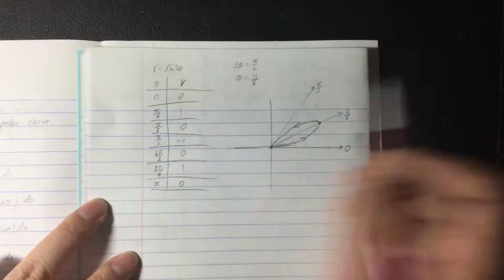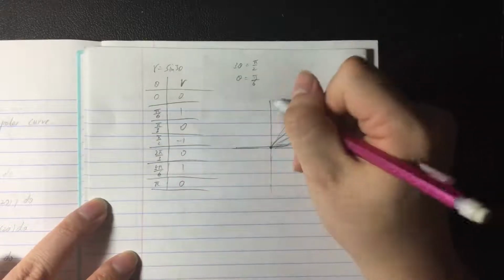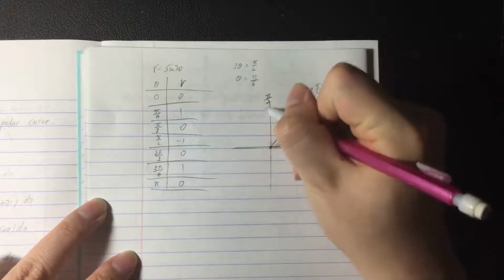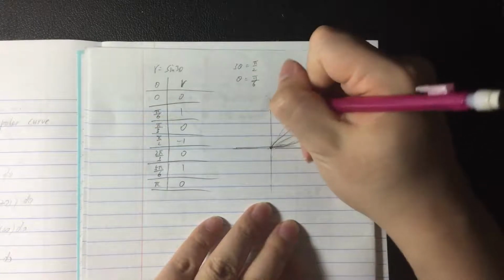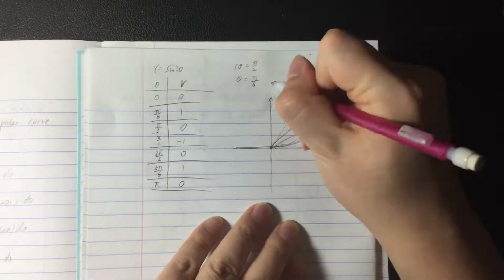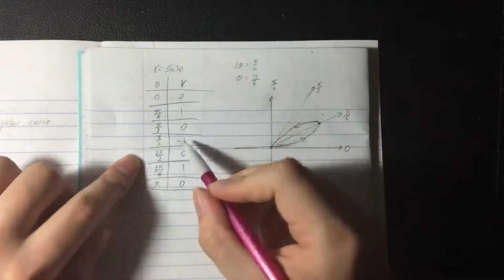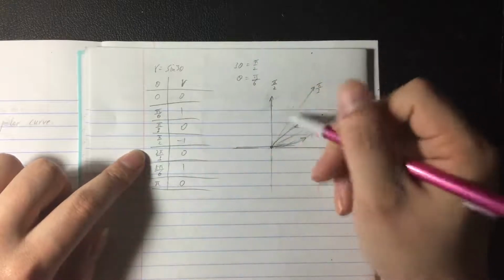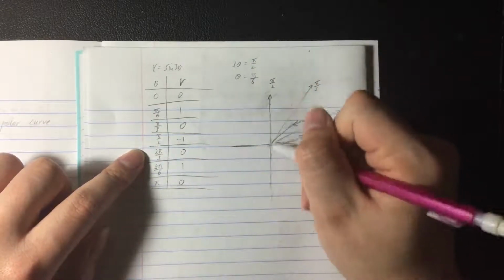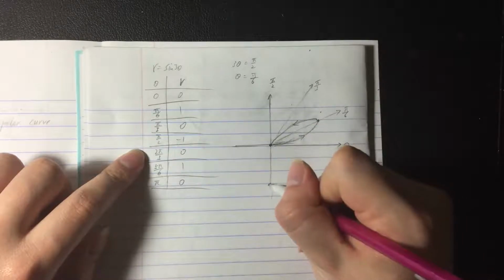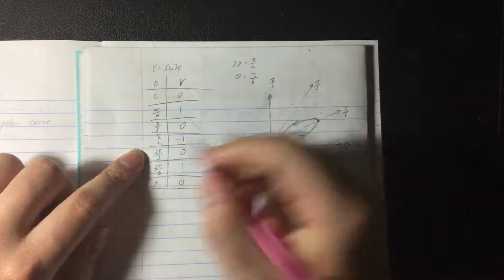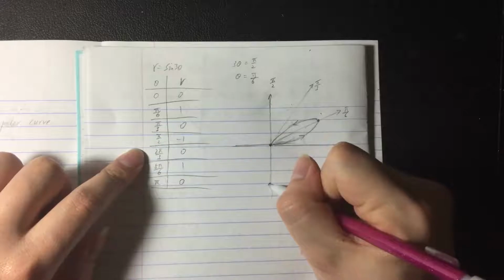Let's continue. When theta is pi over 2, it is here, and that's in the positive direction. Here r is negative 1. R is negative 1, so this way is positive, and the other way must be negative. So that's r equal to negative 1.